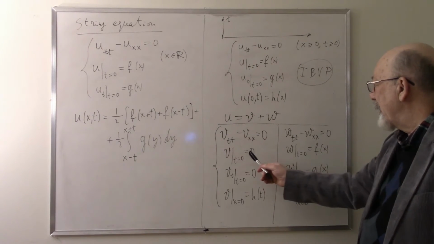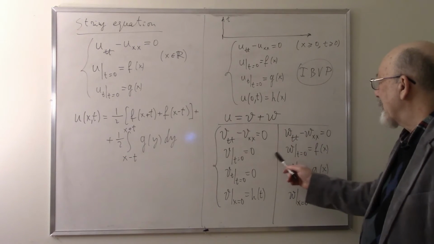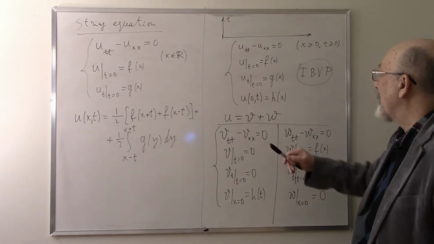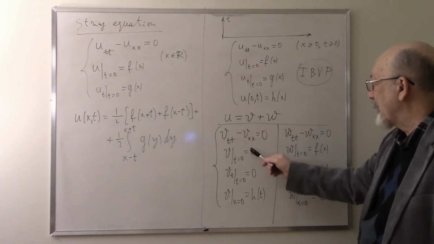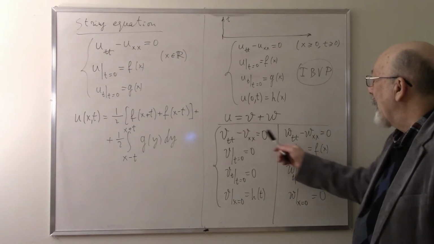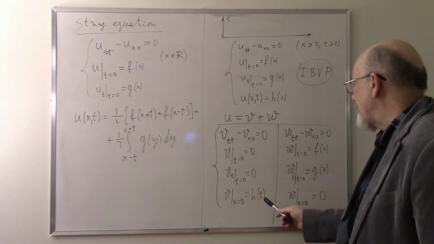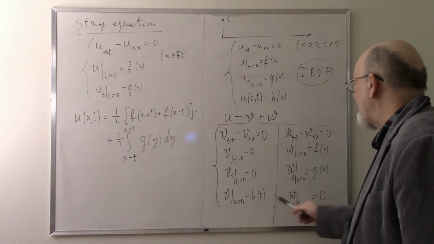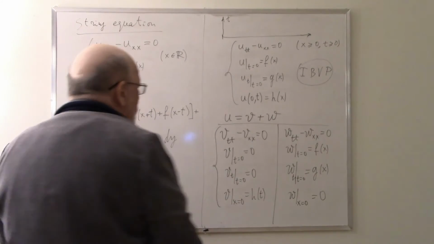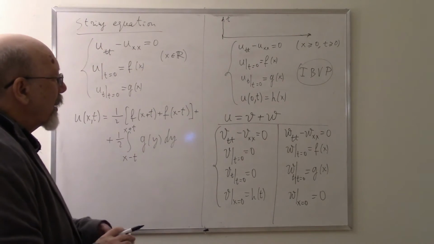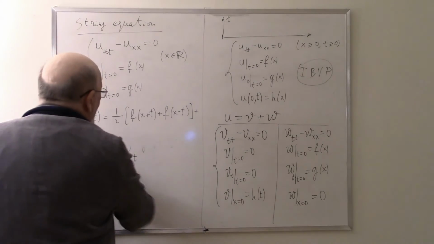The sum satisfies the initial conditions: it is f of x, and its time derivative is g of x, because here it is 0 and here f and g. And for x equal to 0, here is h of t, here is 0, so the sum is h of t. And so we treat these two problems in different ways.